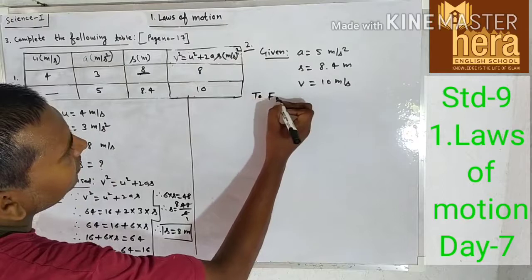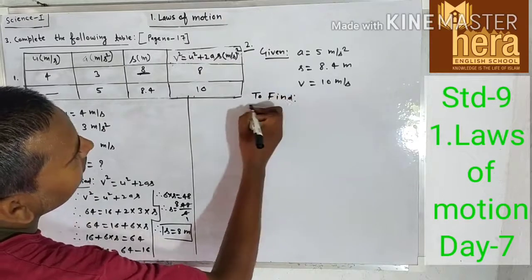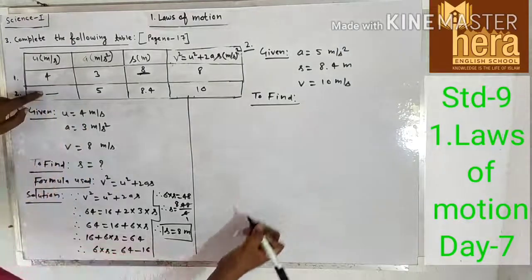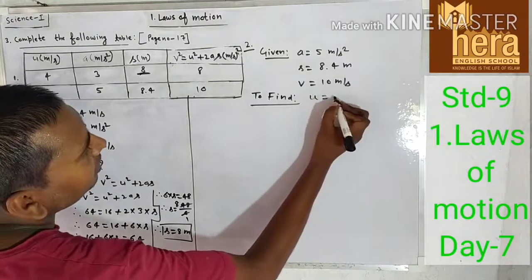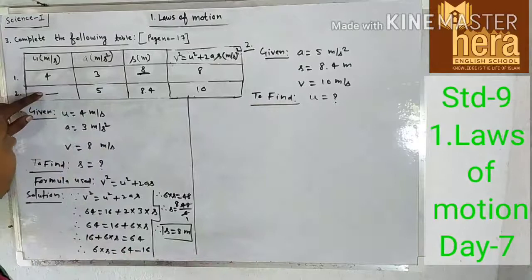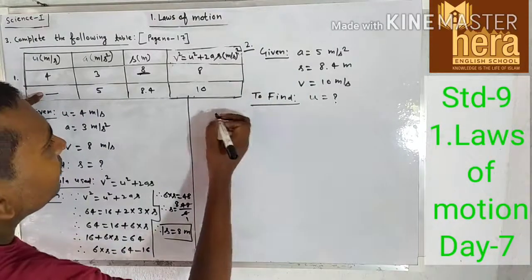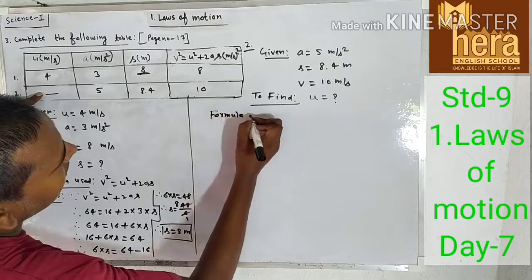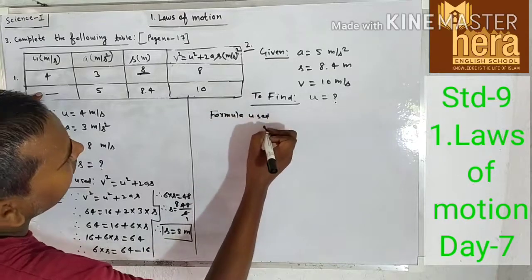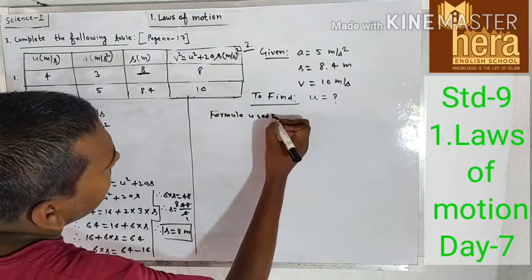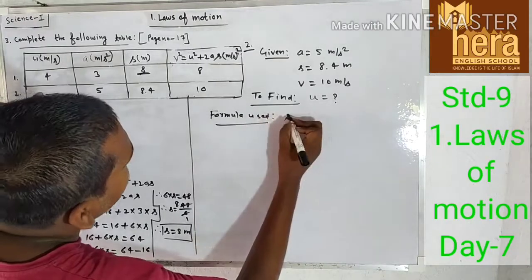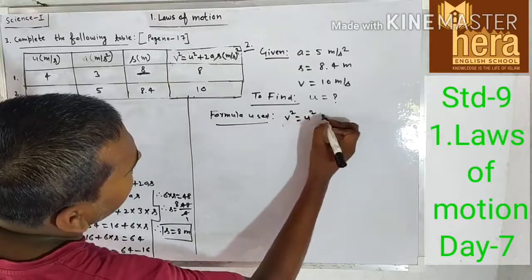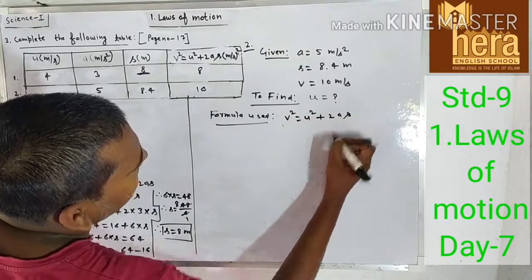To find: U. U is equal to question mark, right? Then formula used: V square is equal to U square plus 2AS.